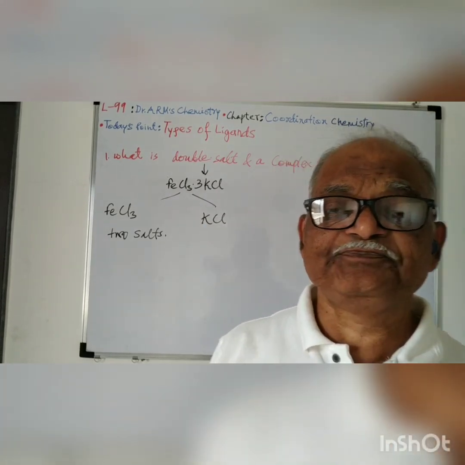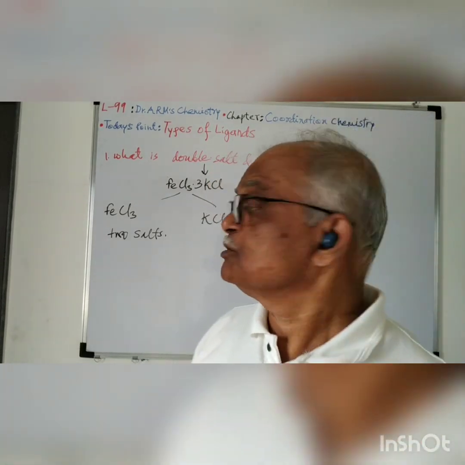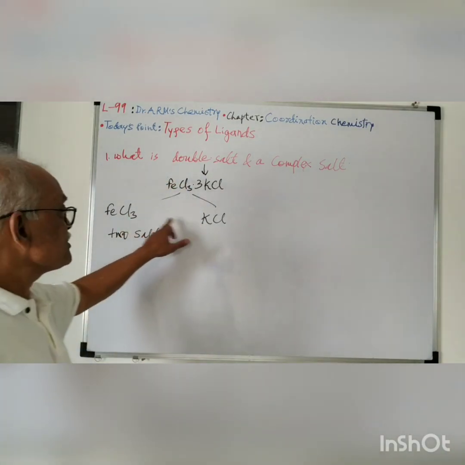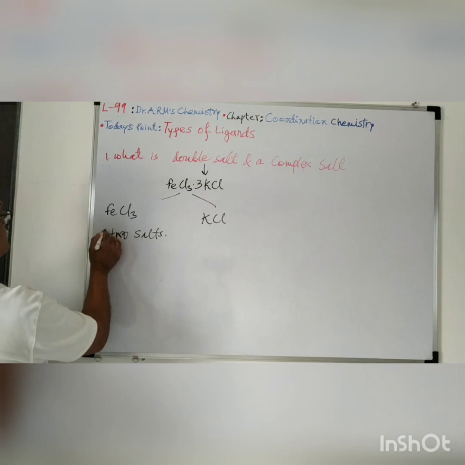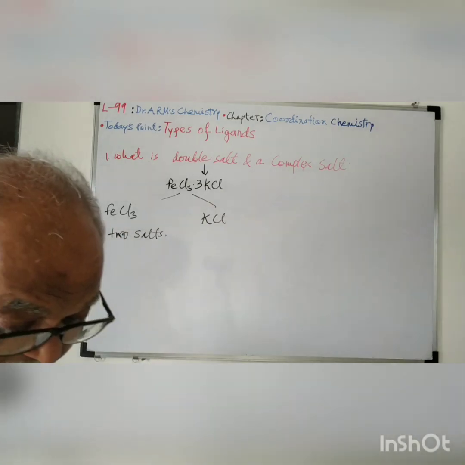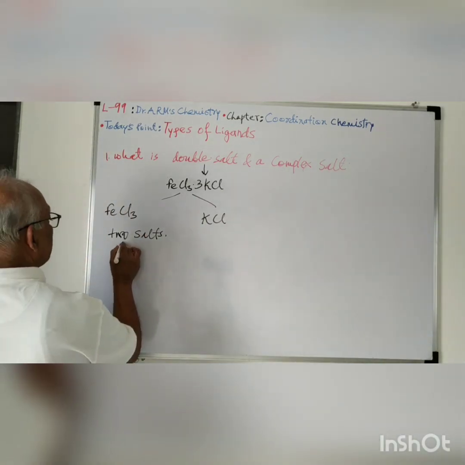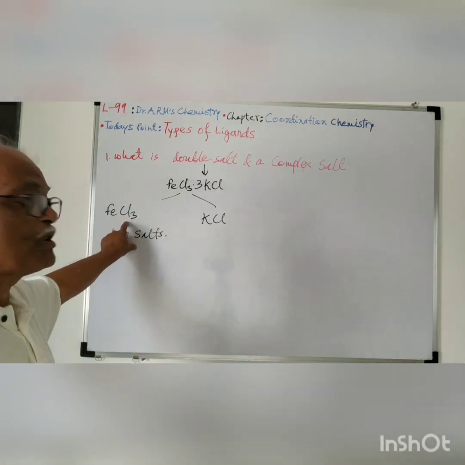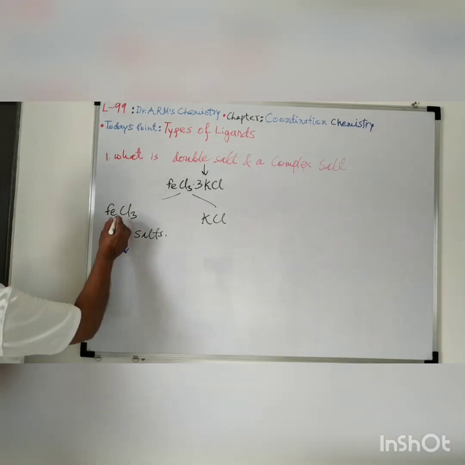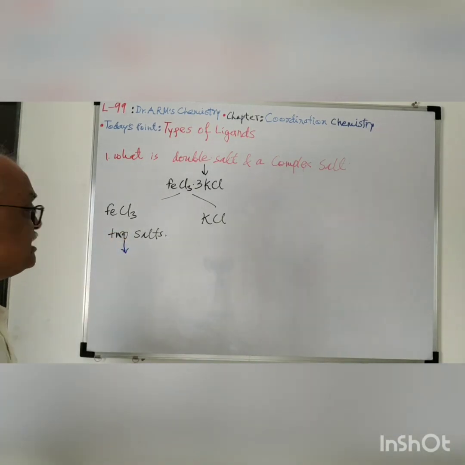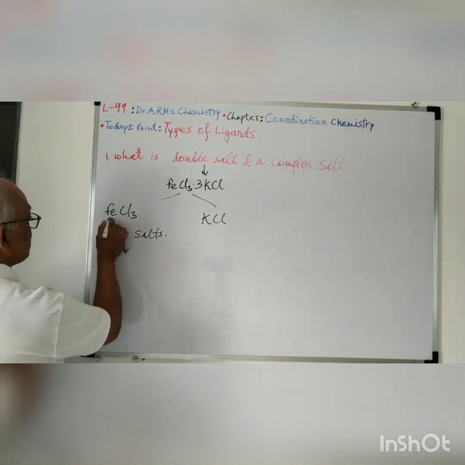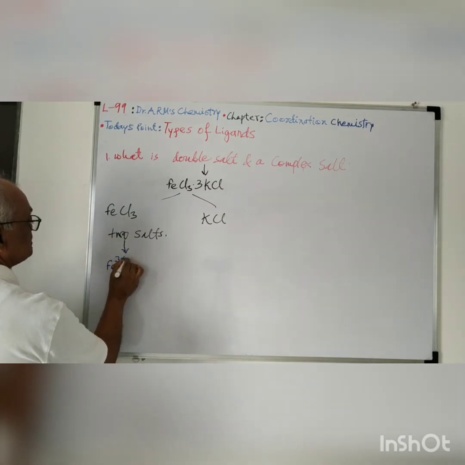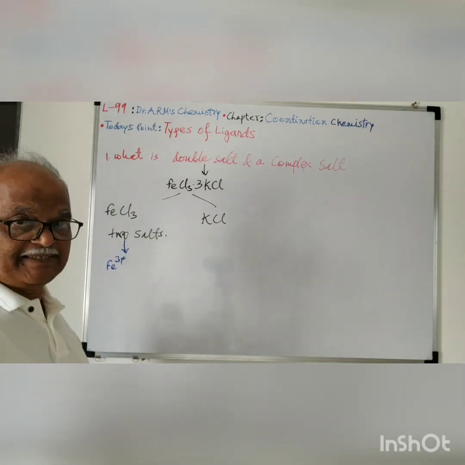But what is the difference between two different salts and a double salt? If we take the aqueous solution of this salt and analyze it by qualitative analysis, we can detect the presence of Fe3+ by common tests.